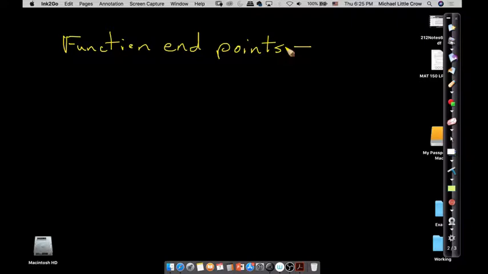Those endpoints, sometimes we define a domain that's specific. What happens at those endpoints as far as limits? So let's do this one. I've got one here. Let's say this is my function. What can I do at those endpoints, and what can't I do at those endpoints?